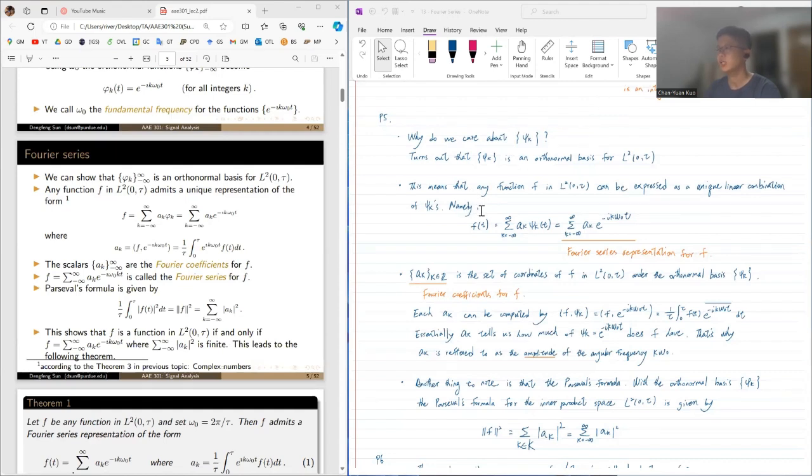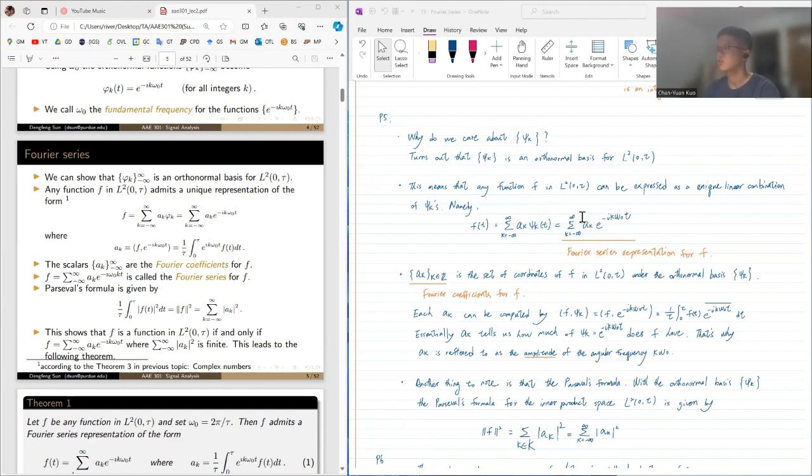Basically, that means that we can now write f of t as a summation of a k times psi k, where k is from negative infinity to infinity. And here, because we know psi k is equal to e to the negative i k omega naught t, we get this expression at the end. And this expression is exactly the Fourier series representation for the function f.